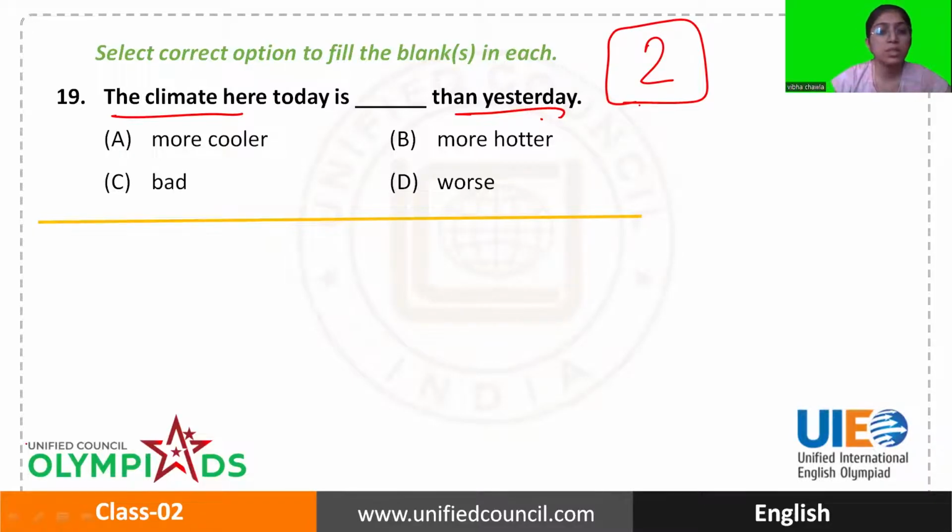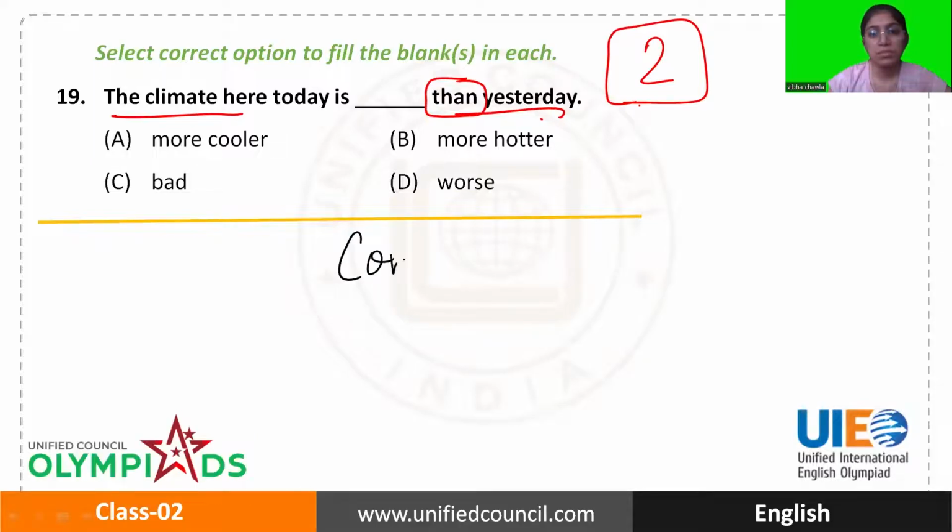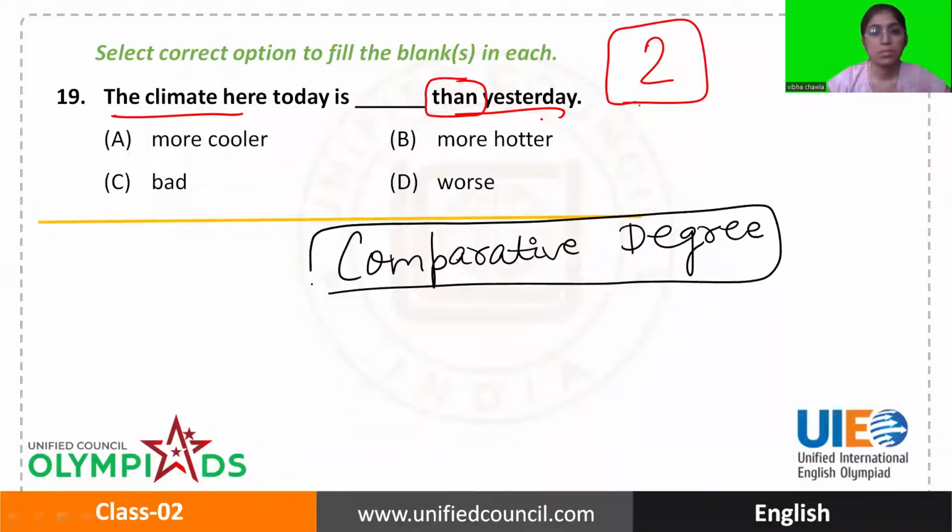And for one more reason, which is the use of than after the blank, we'll use the comparative degree of adjective, right? For these two reasons which I told you.